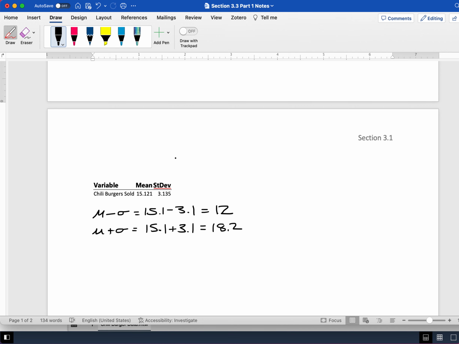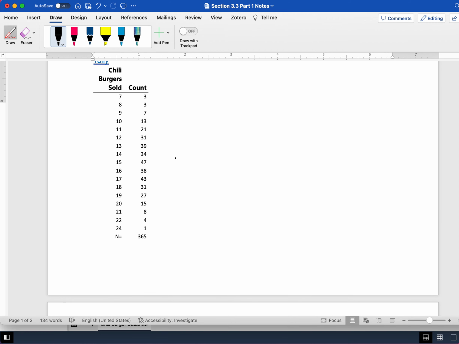So going back up here, I have 12 here, and 18.2 would be including 18 but not including 19. So if I add these numbers, 31 plus 39 plus 34 plus 47 plus 38 plus 43 plus 31, I would get 263.